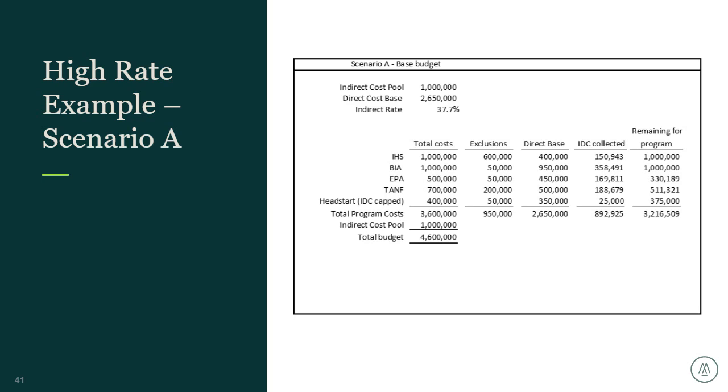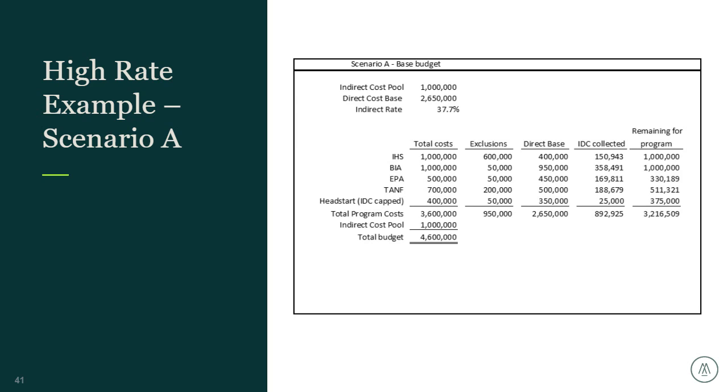Using these balances, we will have the total cost, we will have the necessary exclusions to get to the direct base, and using the indirect rate of 37.7, we would calculate the indirect cost collected, and what is left is what remains for the program's direct cost to run.